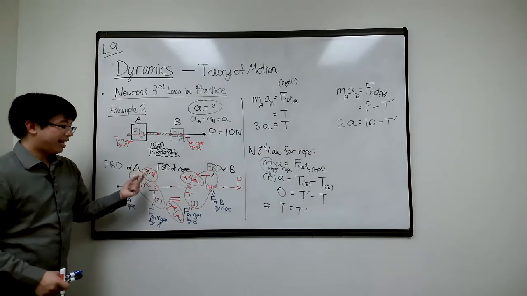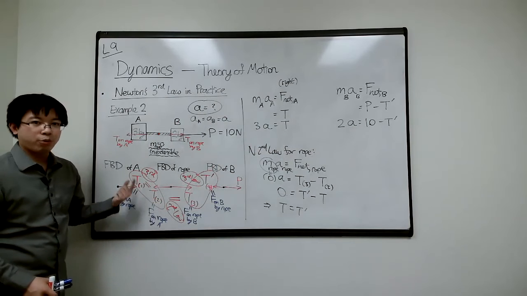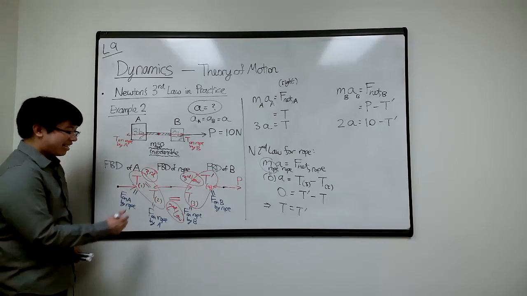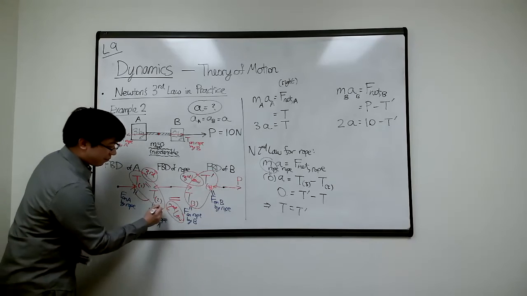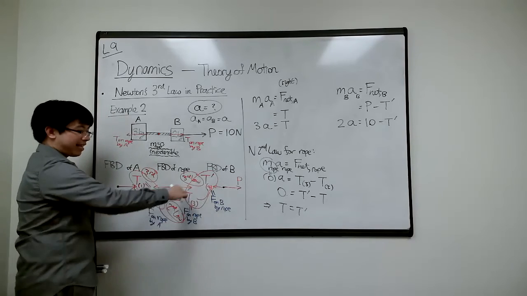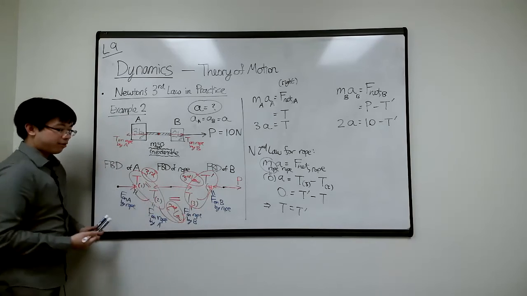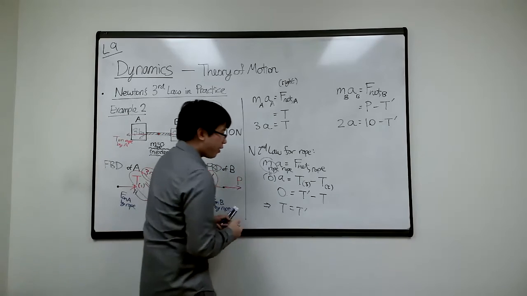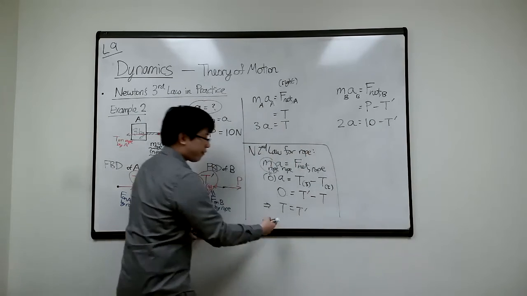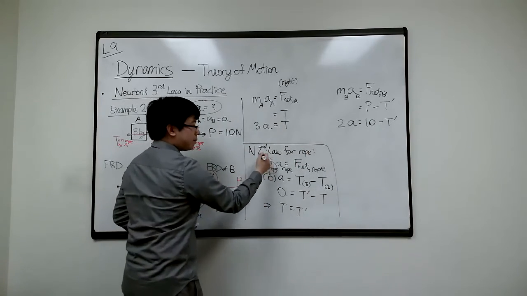Understand these two are equal by third law. These two are equal by second law, and because of the second law and the fact that the rope is massless, these two are equal by the third law. Right, so now, assuming that we are solving for the case where it is massless, all right?